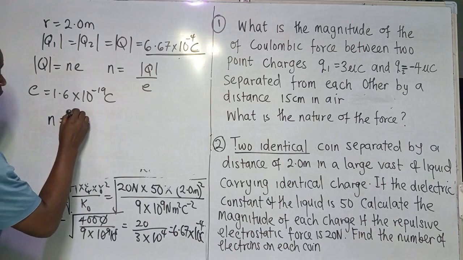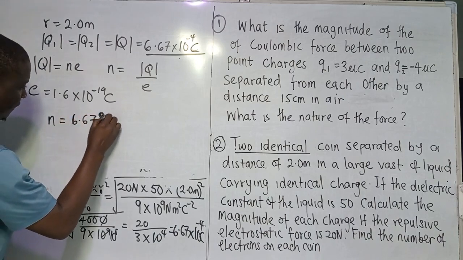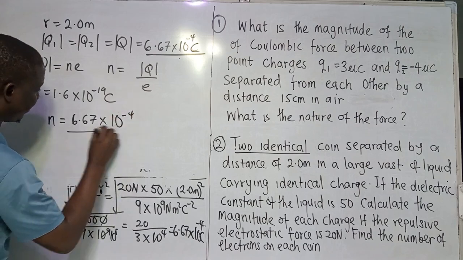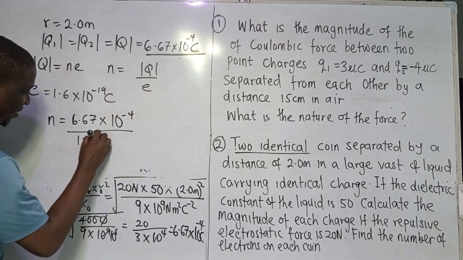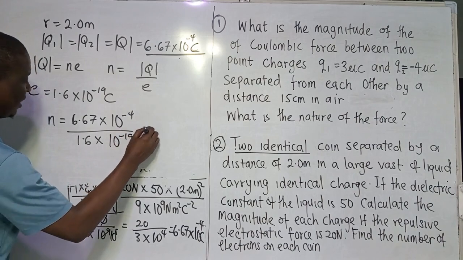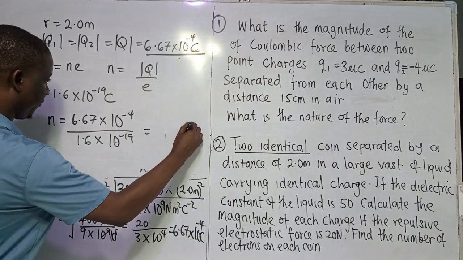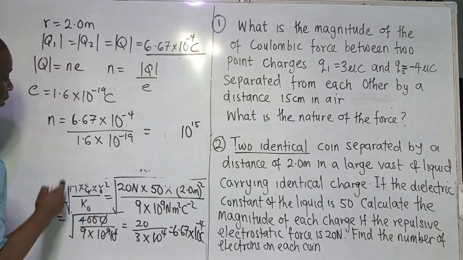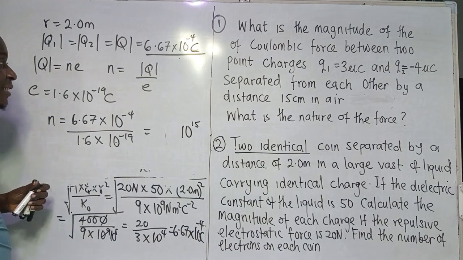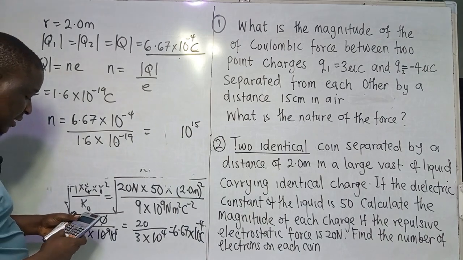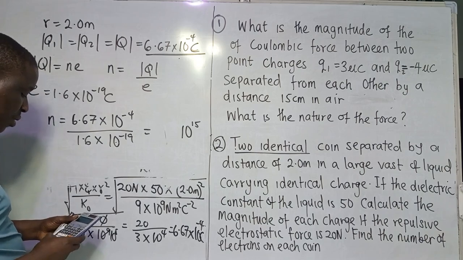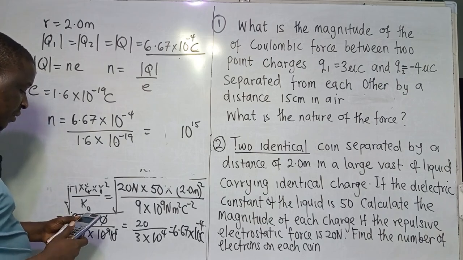N will be 6.67 times 10 raised to the power minus 4 divided by 1.6 times 10 raised to the power minus 19. Applying indices, we have 10 raised to the power 15 first, then 6.67 divided by 1.6.